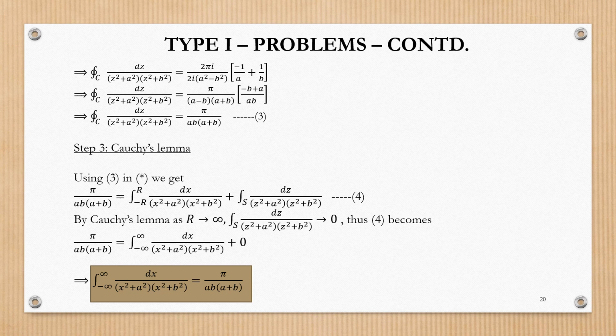So by using Cauchy's lemma, 4 can be further rewritten as pi divided by ab into a plus b equals integral from minus infinity to plus infinity dx divided by x square plus a square into x square plus b square plus 0. We write the integral on the left hand side and the numerical value on the right hand side to get the final answer, which has been shown in a box. That completes the evaluation of the first problem under type 1.